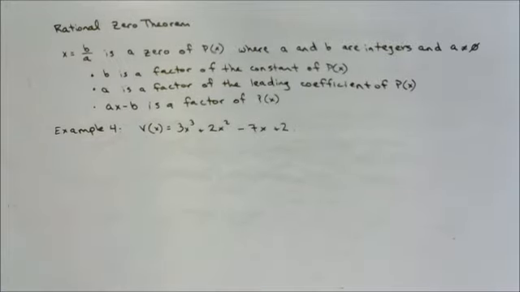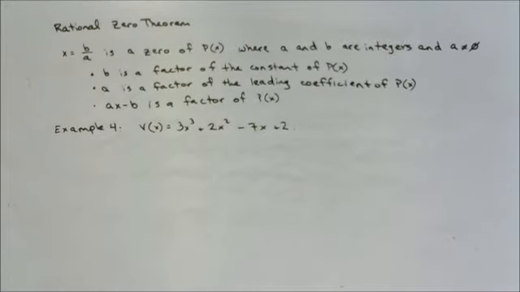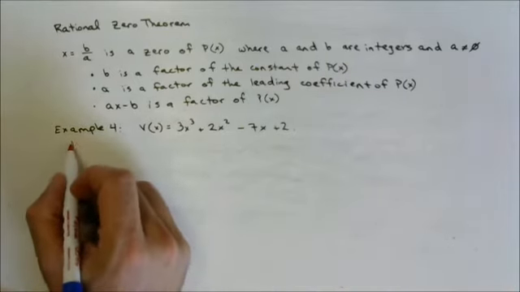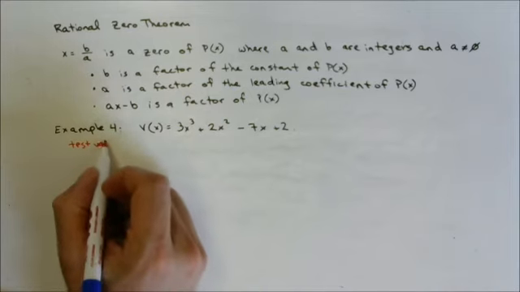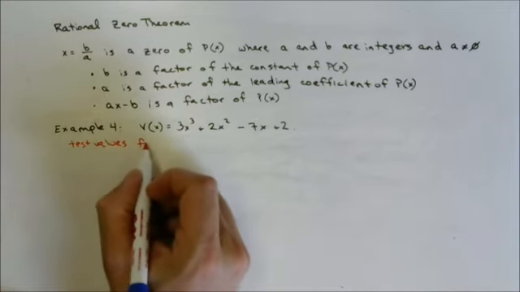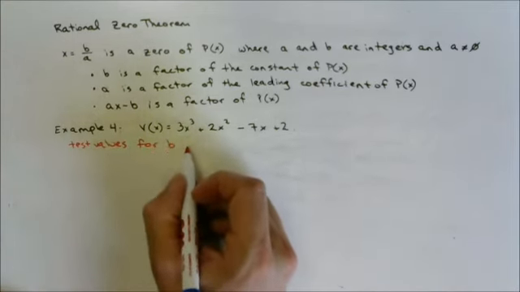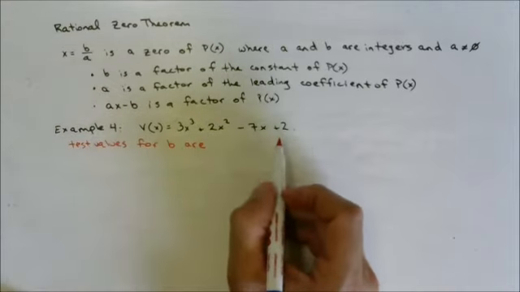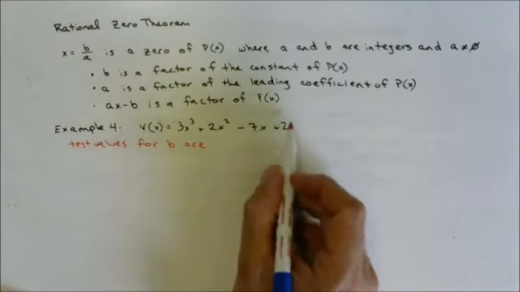Our goal is to factor this, so we want to determine the possible dimensions. So we're going to determine the test values. Test values for b are the factors of the constant, so they're factors of 2.